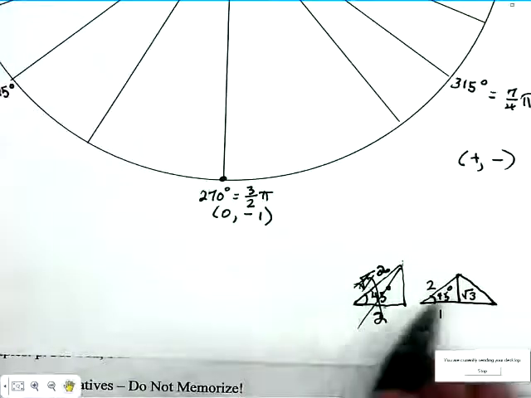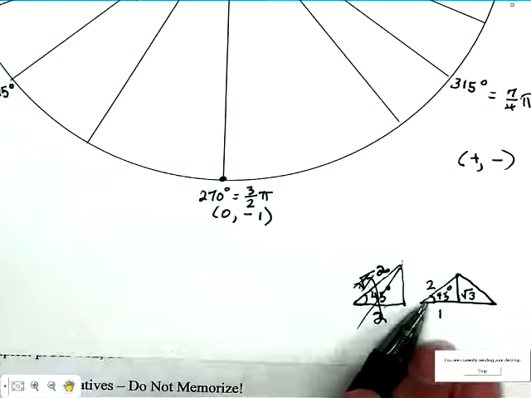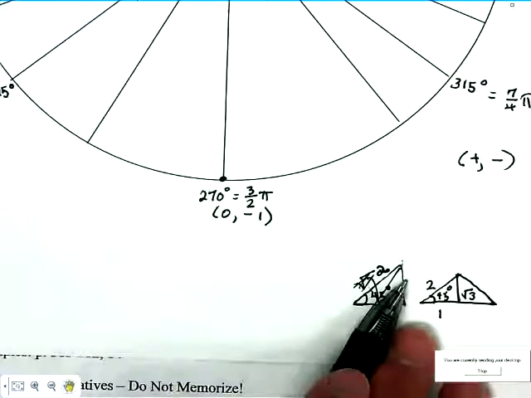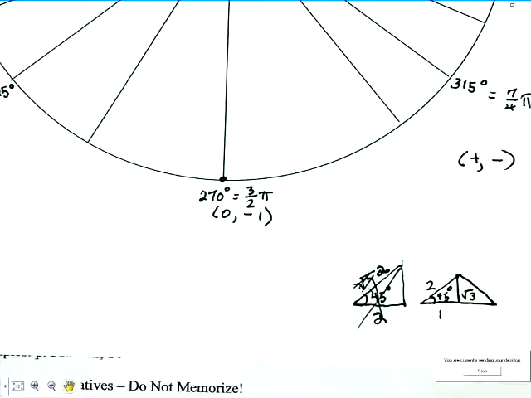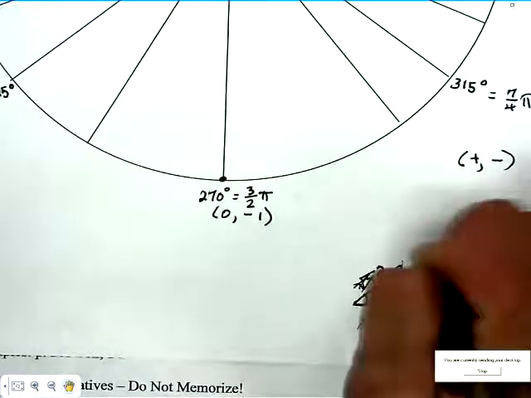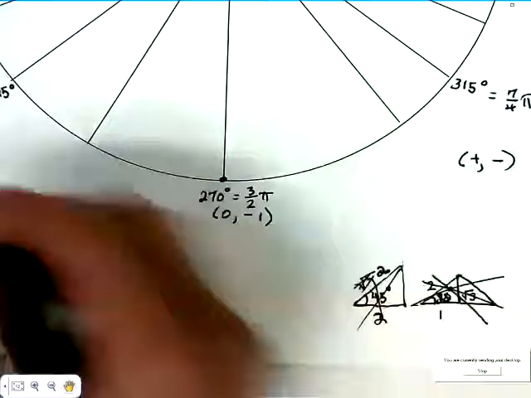So what was the sine of 45 degrees? The opposite over the hypotenuse is square root of 3 over 2. Is that your x-coordinate or your y-coordinate? That's the y. I'm sorry, what? Have I just made my 30-60 degree triangle?